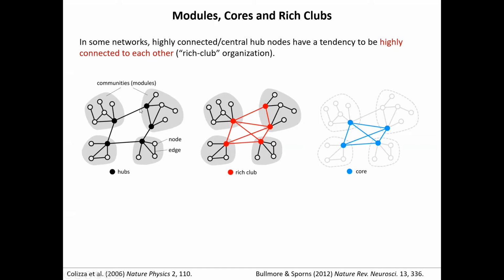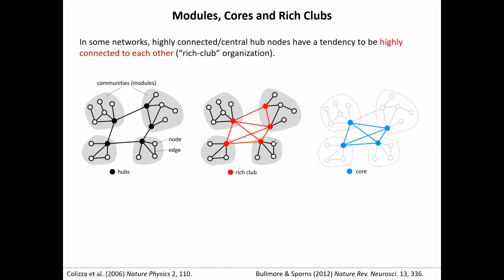Communities like this in the brain, human brain particularly, often contain regions that are functionally related: visual systems, motor system, saliency, default mode, what have you. And it's therefore extremely important that these different communities, which are functionally specialized, are also integrated. So that's an arrangement that we might find.